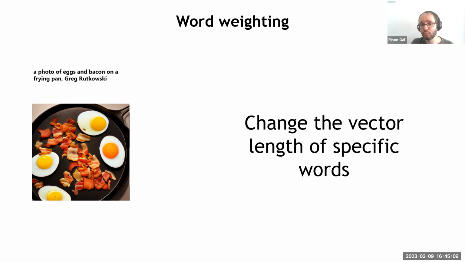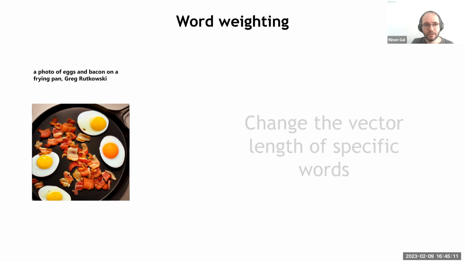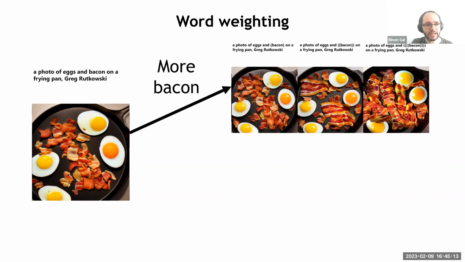Again, typically at the output space of the text encoder. So for example, we can take this sentence, a photo of eggs and bacon on a frying pan by Greg Bukowski, and we can take the tensor entry, the conditioning code entry at the same index as the word bacon, and just multiply it by some scalar, right? Just increase the length of this entry.